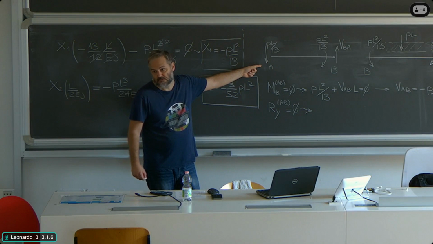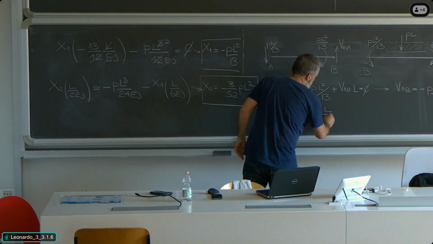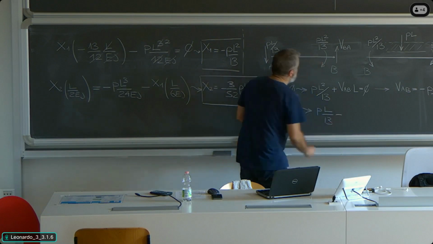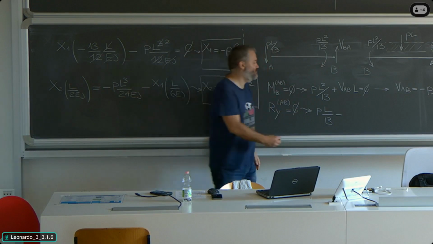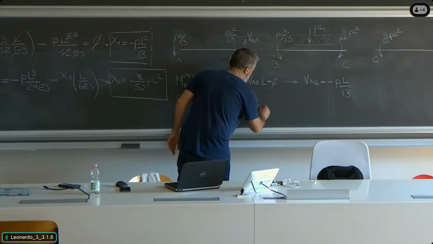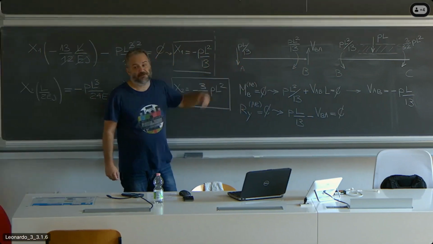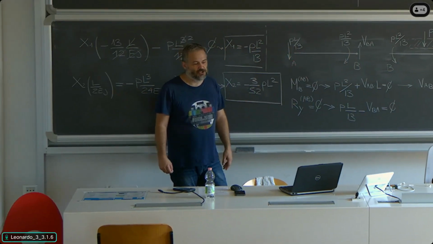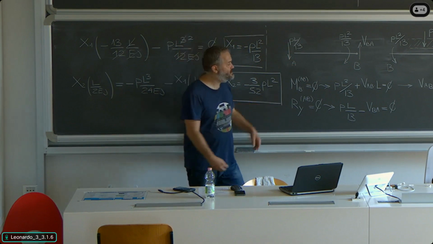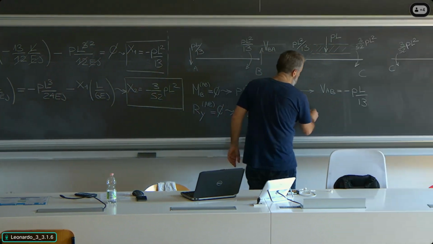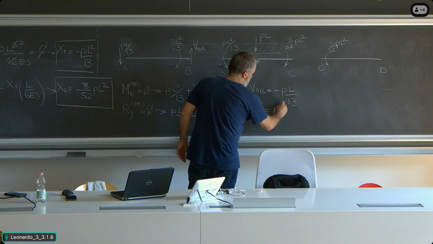We now know it's PL divided by 13, pointing downwards, minus this force here, VBA, which is pointing upwards. So VBA equal 0. No other loads applied because the span is unloaded. There are no distributed loads, no concentrated loads applied along the span. So this equation immediately gives us VBA equal to PL over 13.